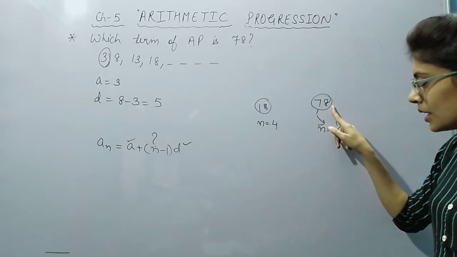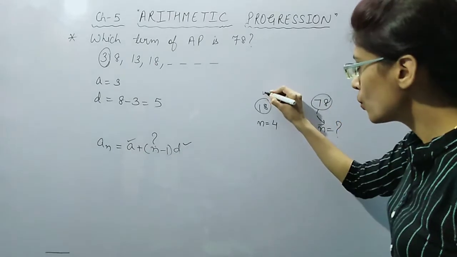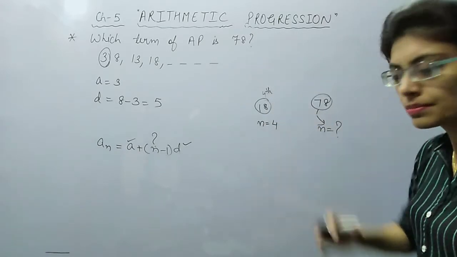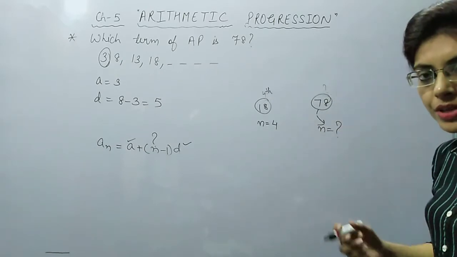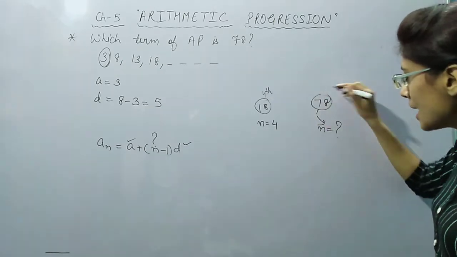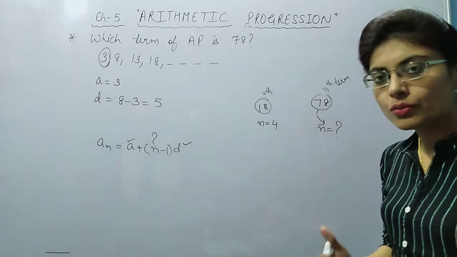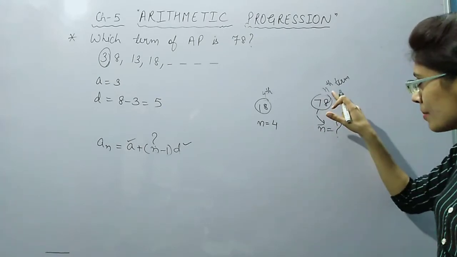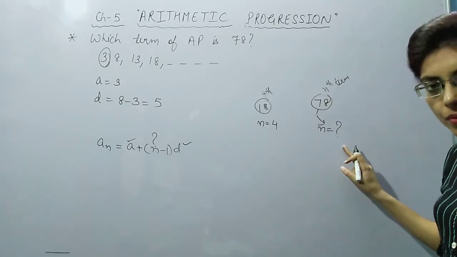If somebody says the fourth term is 18, that means n is 4. Here we don't know which term it is, so when you don't know which term it is, we name it the nth term. N we have to find.